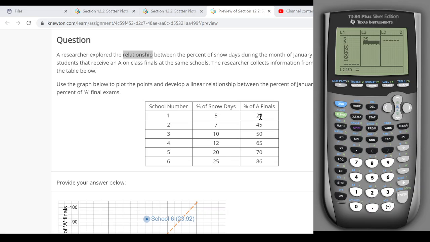The 25 here has got to be with this 5 here, and the 45 has got to be with the 7. So just make sure you're putting them in the same order: 25, 45, 50, 65, 70, and 86.